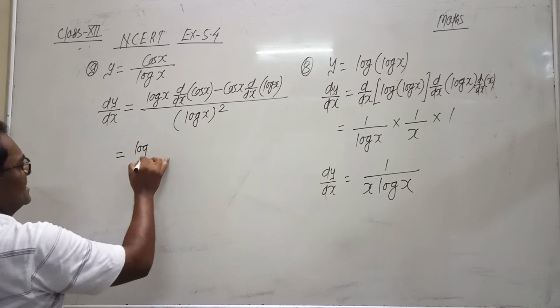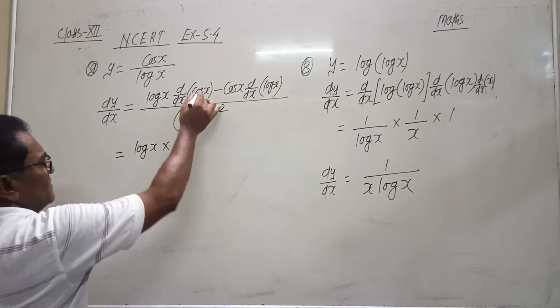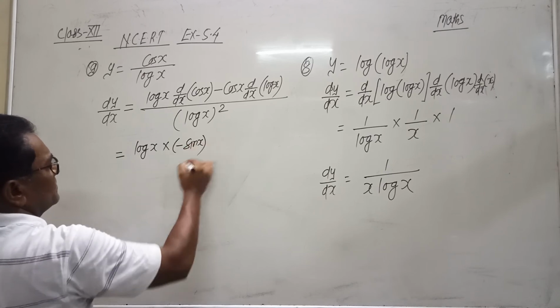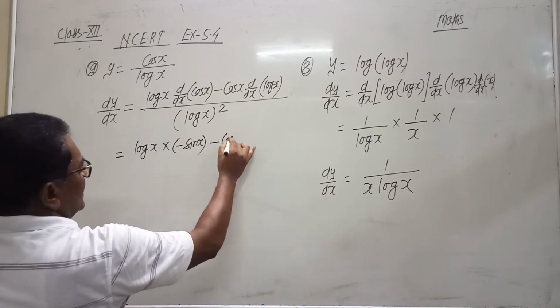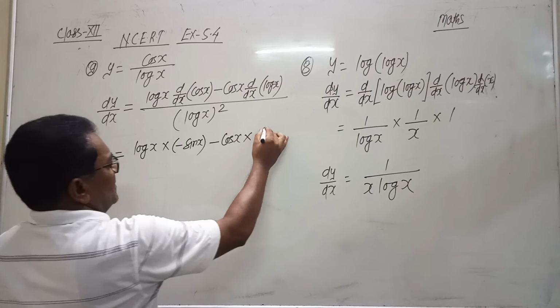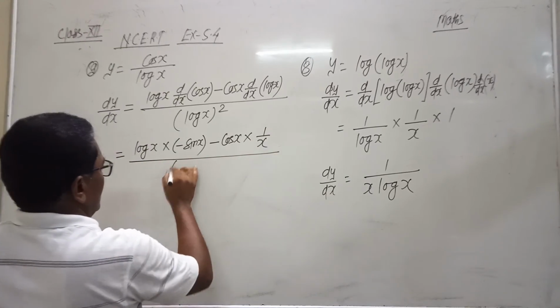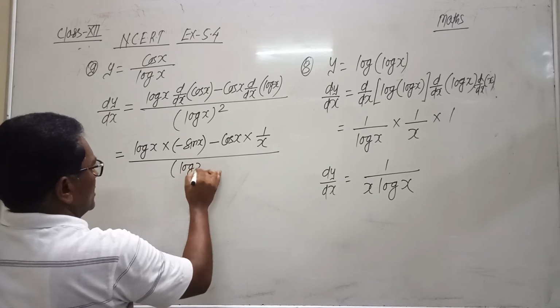So log x as it is, and differentiation of cos x is minus sin x. Minus cos x as it is, and differentiation of log x is 1 by x, and upon log x the whole square.